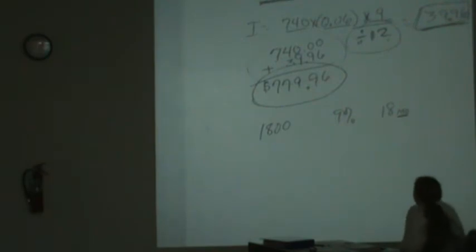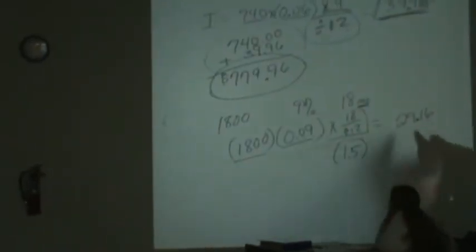Yes, there are still only 12 months in a year. You could say 18 months is a year and a half. So you could go times 1.5, or you could do times 18 divided by 12. You're going to get the same answer either way, okay?